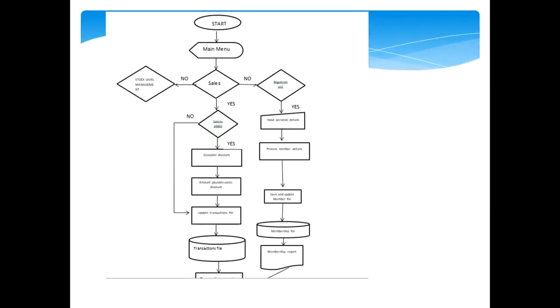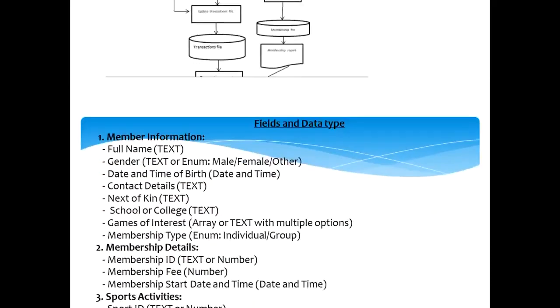Then this is an example of a system flowchart. You can look at it. You can pause the video and look at it. Also, you can ask your teacher for previous year, that is last year's documentation, one of it, then try to see how the flow chart looks like.